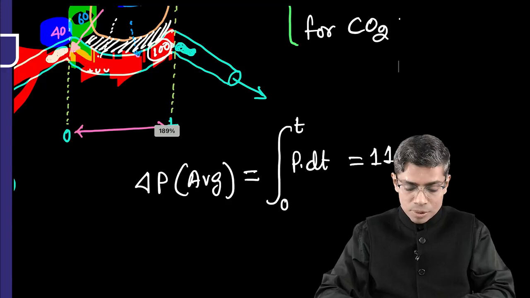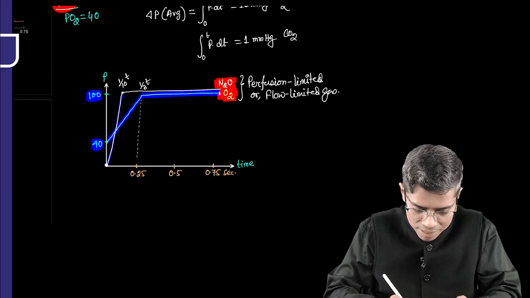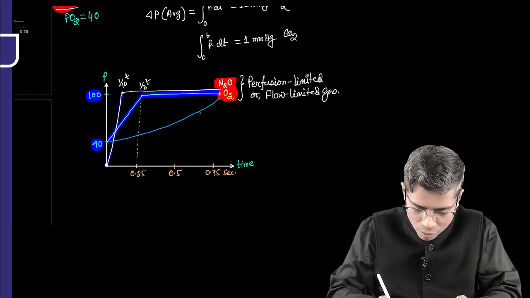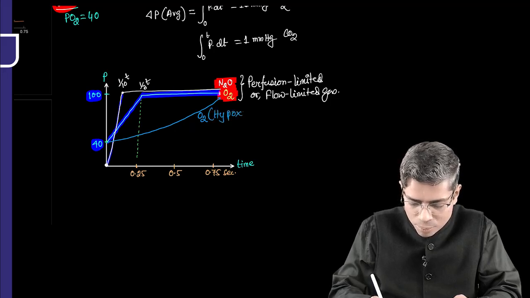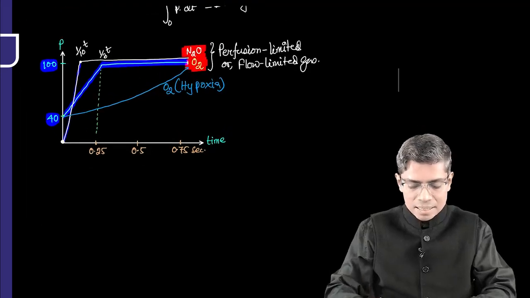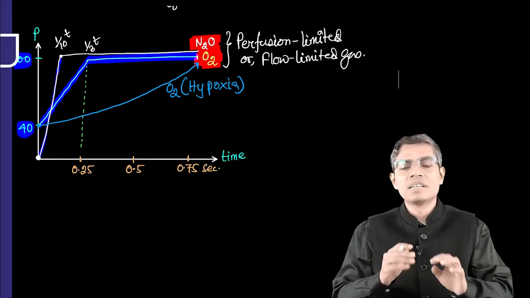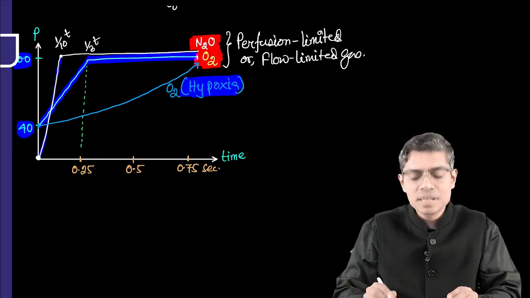Then the oxygen diffusion will follow a different kind of kinetics, where the curve will look like this. So the curve will look like this when the person is suffering from hypoxia. This is also oxygen diffusion, but oxygen diffusion in hypoxia, indicating that the diffusion equilibrium of oxygen is not reached even at the end of the pulmonary capillary.